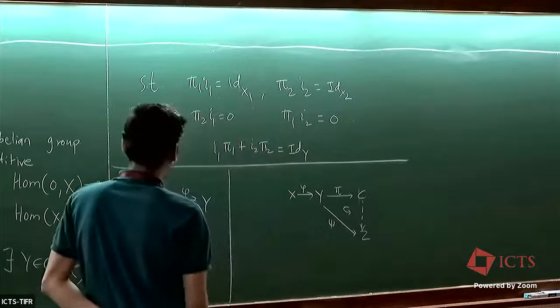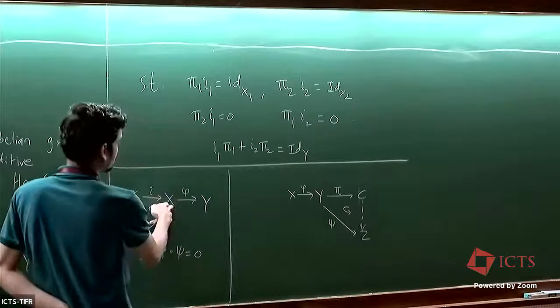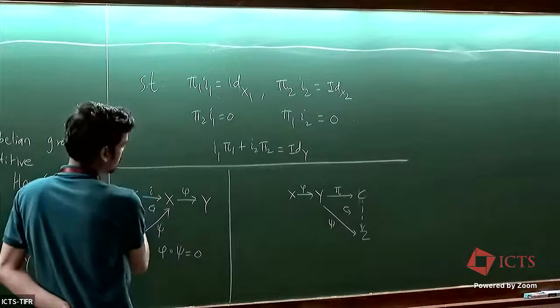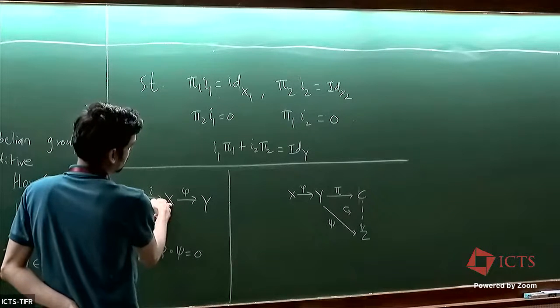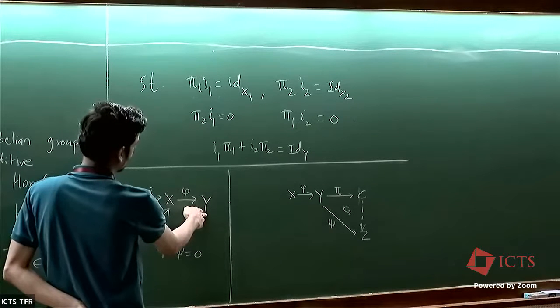And we know that for the category of modules, if we consider this to be a module map, then the kernel is the usual kernel, the set of all elements of X which are sent by phi to 0.